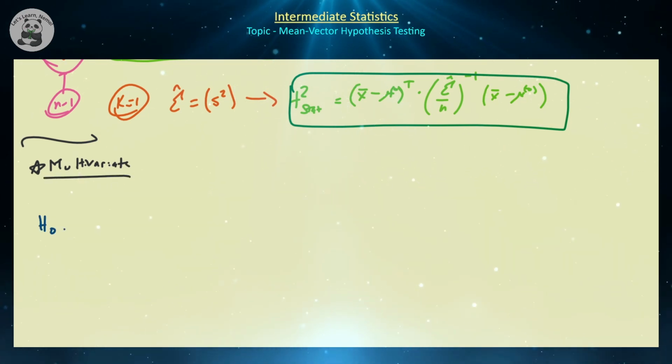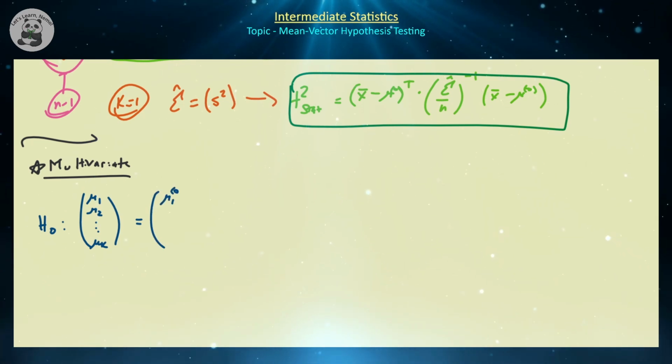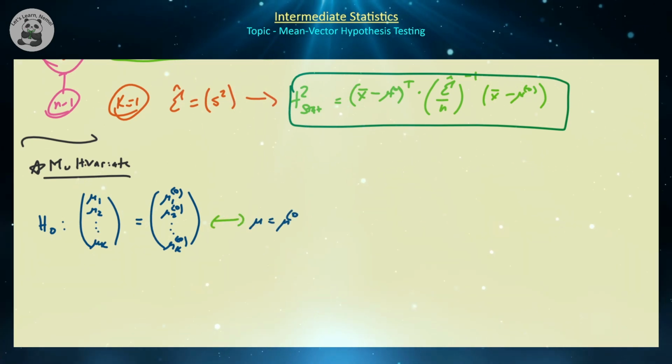So the null hypothesis is that the mean vector mu1, mu2, down to mu k is equal to mu1 0, mu2 0, down to mu k 0, the claims of each of them, right? And usually we will just abbreviate this by mu is equal to mu 0. Here, mu and mu 0 are both vectors now.